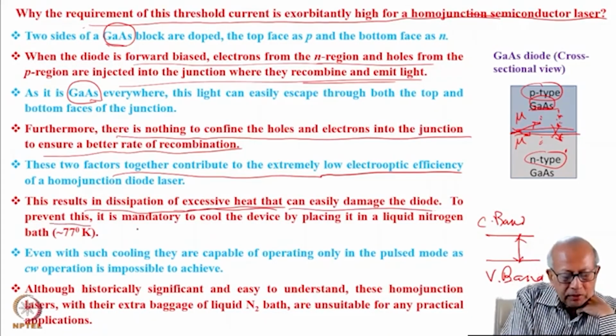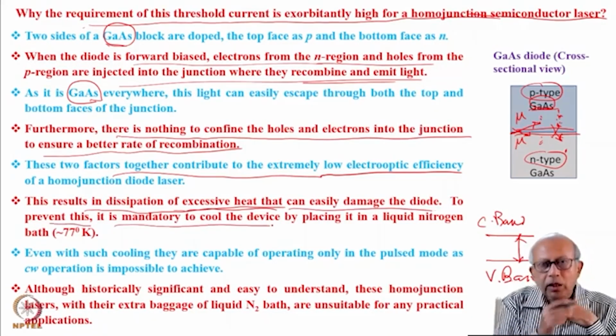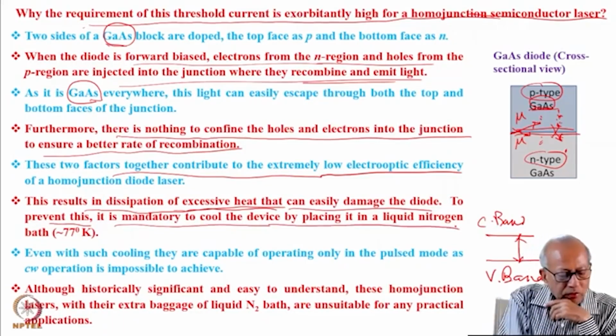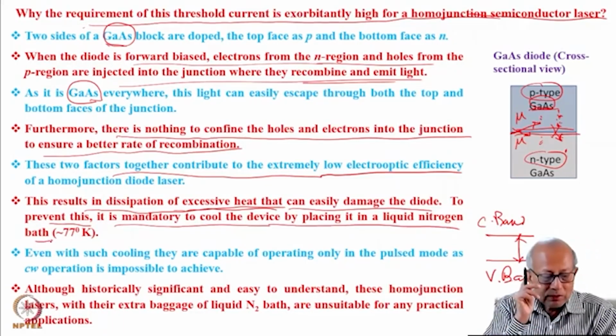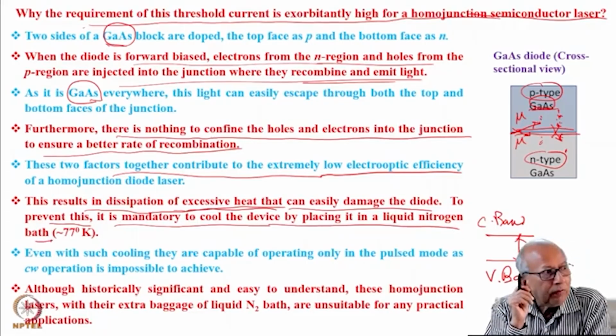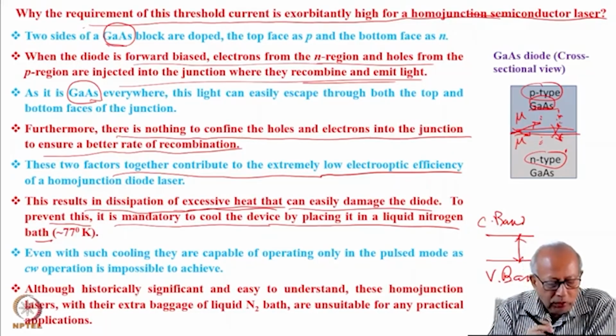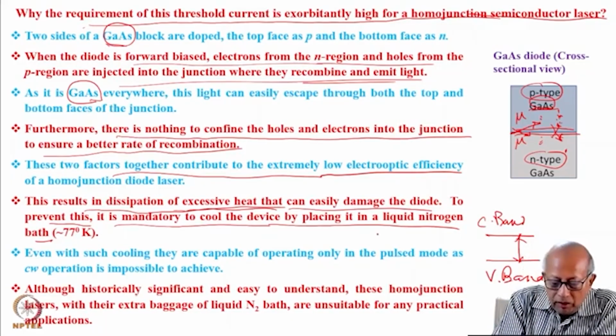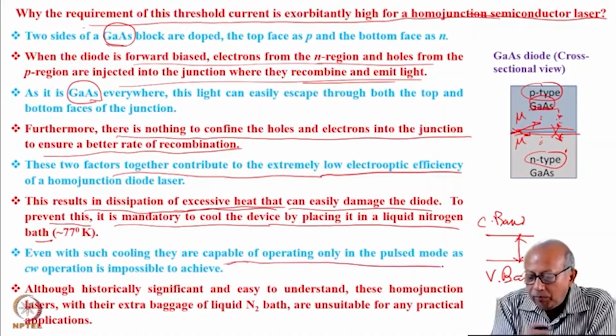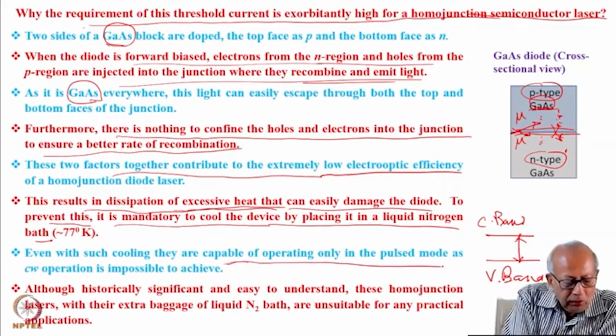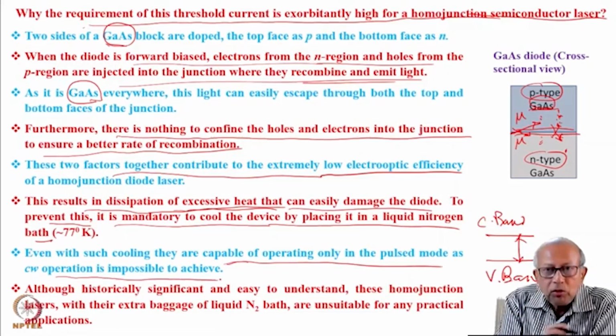To prevent this, it is mandatory to cool the device by placing it in a liquid nitrogen bath at 77 degree Kelvin. Even with such cooling, they are capable of operating only in the pulsed mode, as continuous working is impossible to achieve.